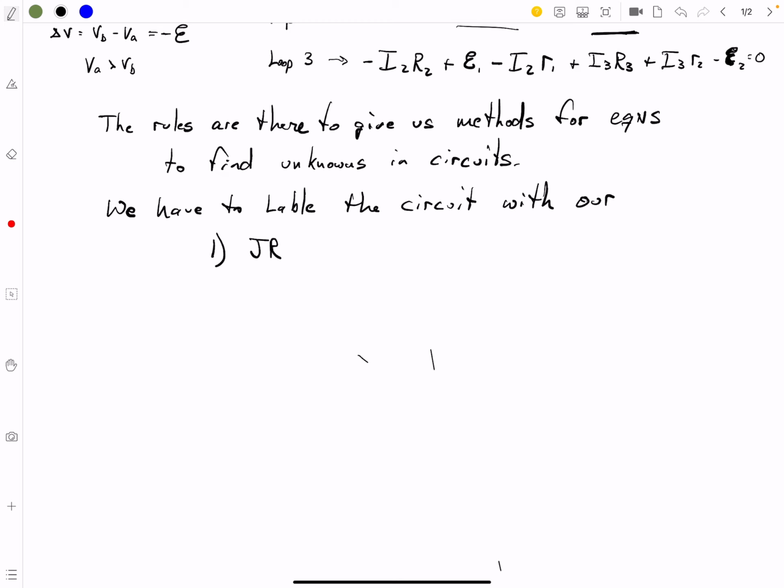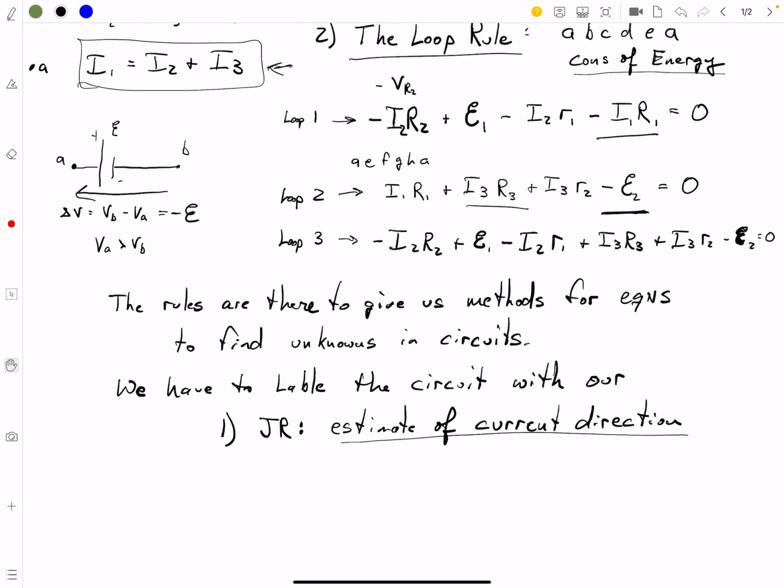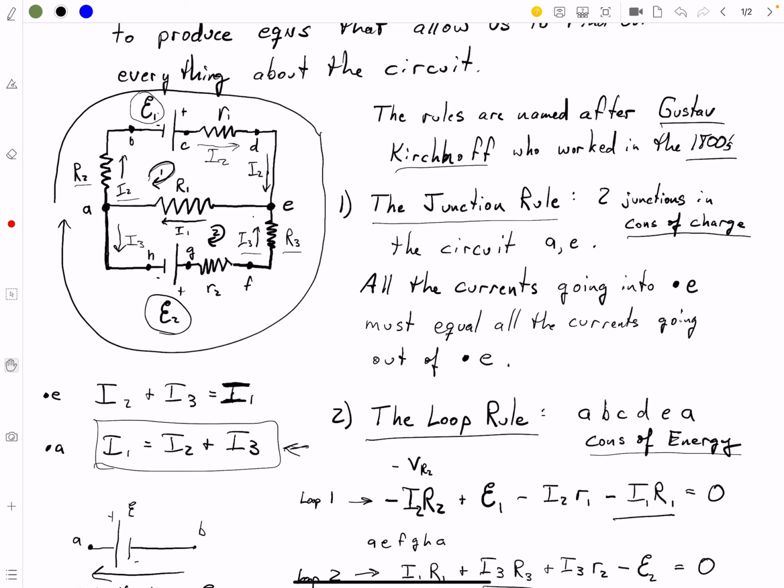We have to label the circuit with our estimate of current direction. So we say, we think, so this is the junction rule. So we think that the current is going to go this way. So let's just look at R2. We think it's going to go this direction, okay?